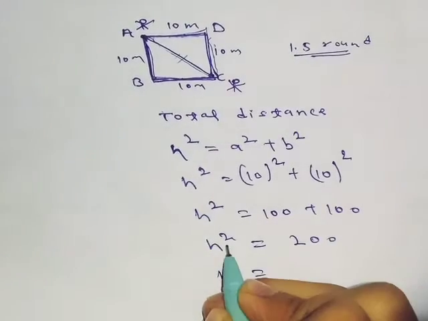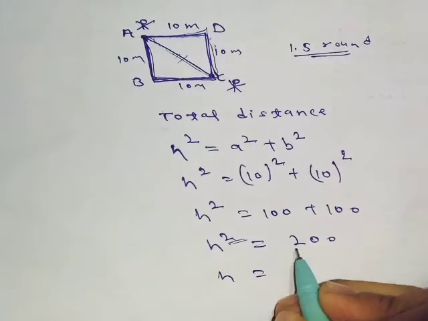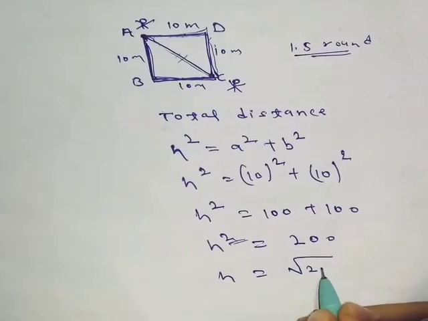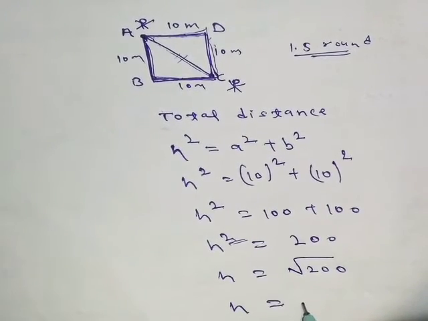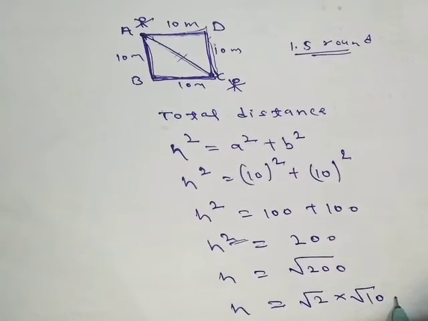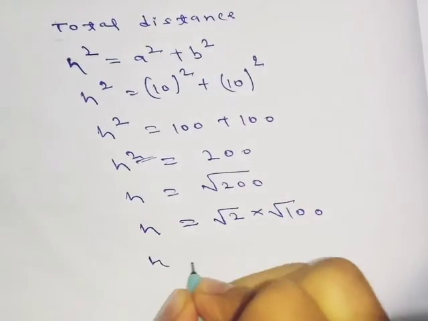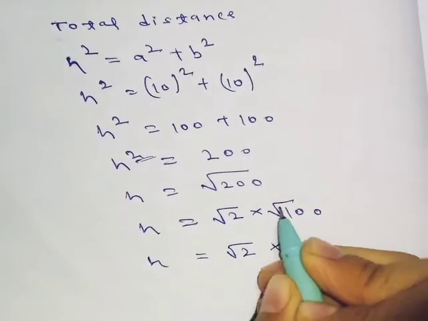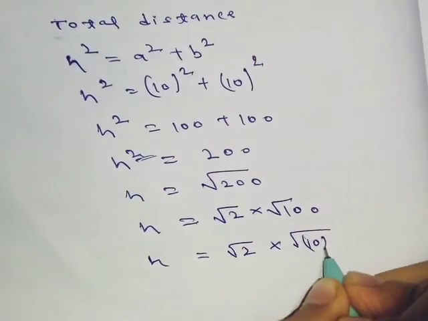Now when this h is in square, from the left hand side to the right hand side it will become root 200. This root 200 can also be written as root 2 into root 100. Now hypotenuse is equal to root 2 times root 100. This 100 can also be written as 10 square.